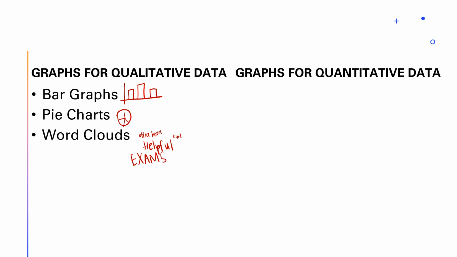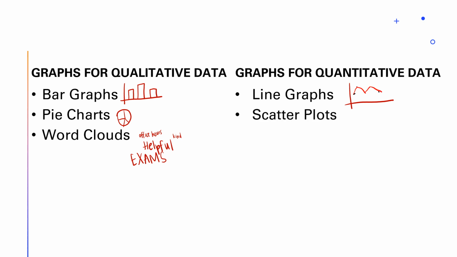When you are working with quantitative data, you might see things like line graphs. This is where you have a bunch of data points and they're just connected by little line segments. Maybe it looks something like this. Then you have a bunch of little points out here, and then you would see the data connected by these little line segments. You could also see scatter plots.